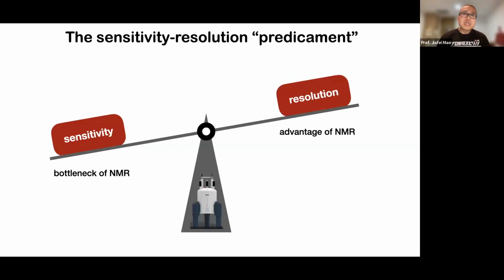So now imagine if you have excellent sample preparation, very good spectrometer, and DNP is well set, then we get hopefully very good sensitivity. But as I mentioned at the beginning, you get something, you lose something. And in this case, unfortunately, we start to lose the advantage of NMR, which is the resolution.